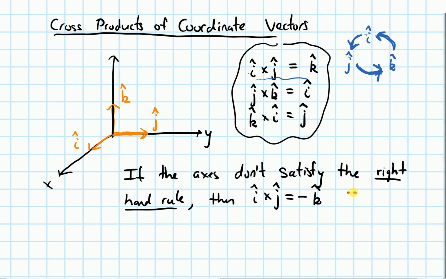And conventionally, that's not what we want. If we have it set up like this, these cross products are so nice, it would be nice to be able to avoid things like negative k hats showing up. Okay, so we prefer this orientation so that it matches up really nicely with the cross product.